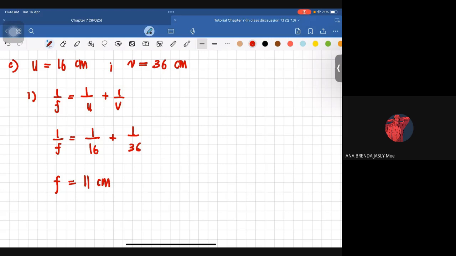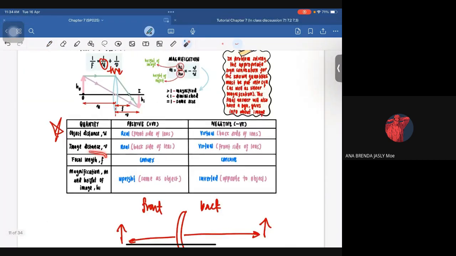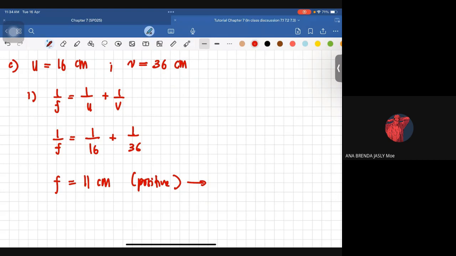So what does a positive focal length mean? Okay, so kita determine lens ni jenis apa based on the sign convention. So kalau focal length ni positive, positive focal length means it is a convex lens. So kamu tulis itu, this is a convex lens.